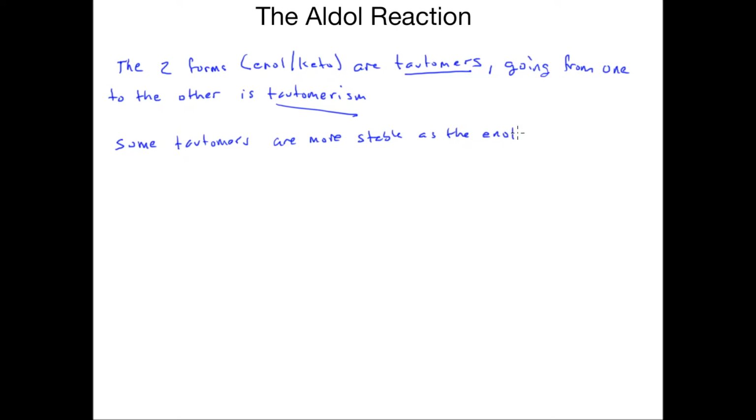If I look at something like this, where we have a diketone, and imagine I've got a little bit of acid in solution, look at the proton that I have here. I've got hydrogen bonding, so one of those is going to want to stay over there, and it's that favorable hydrogen bonding that makes it more likely.